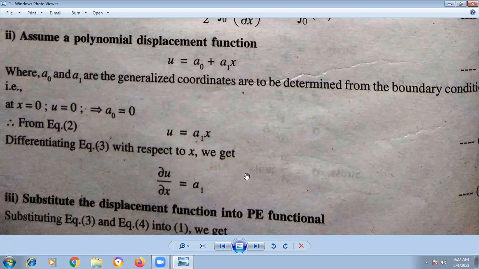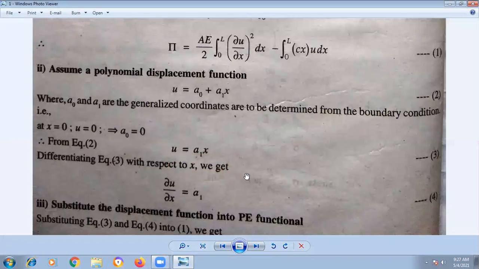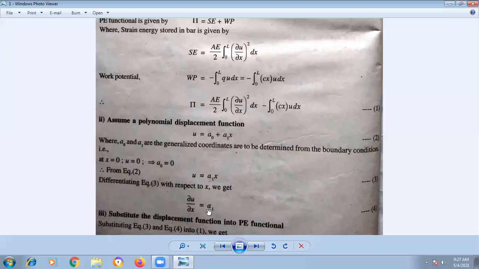Now, the third step is to substitute the displacement function into the potential energy functional. You have to substitute dou u by dou x in this equation. Dou u by dou x is now substituted in the total potential energy equation, and u is equal to A1 into x, and dou u by dou x equal to A1. Right?